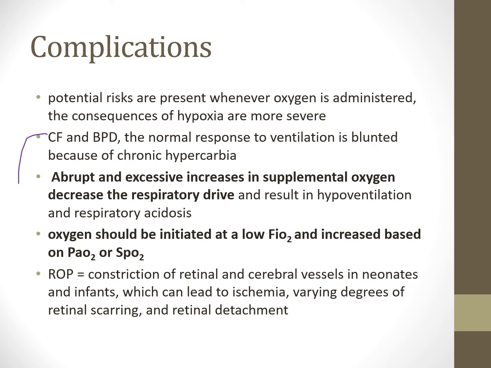That could limit our ability to get oxygen there. And especially on these preterm kids, abrupt and excessive increases in oxygen can actually decrease the respiratory drive a bit and result in hypoventilation and cause a respiratory acidosis.